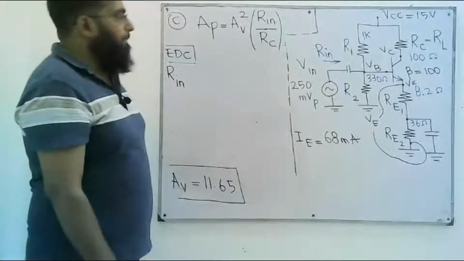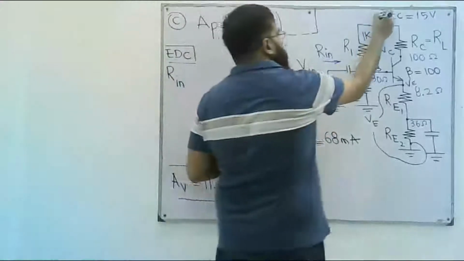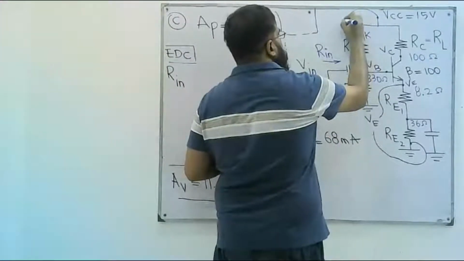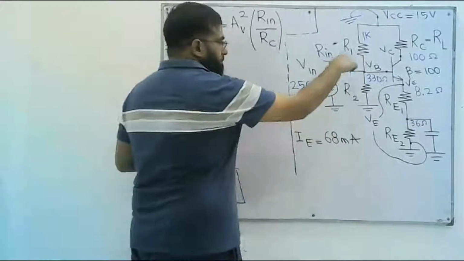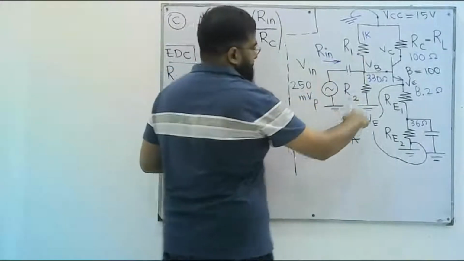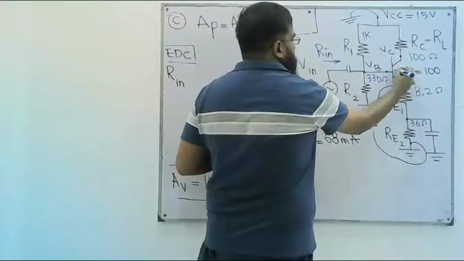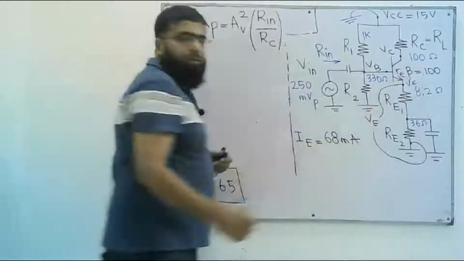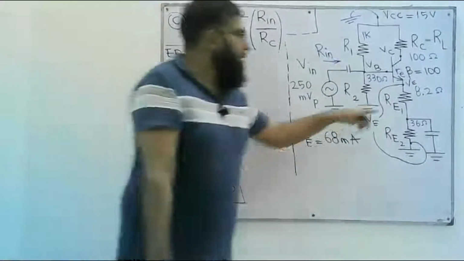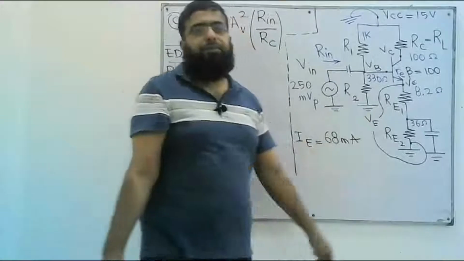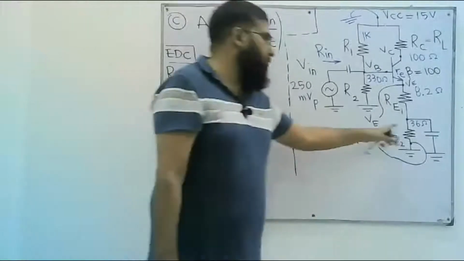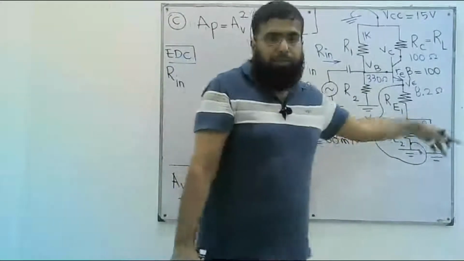For AC, VCC appears as ground. So R1 in parallel with R2 in parallel with beta times the junction resistance small re plus this RE that is not bypassed. And we won't include RE2 because it is bypassed here.